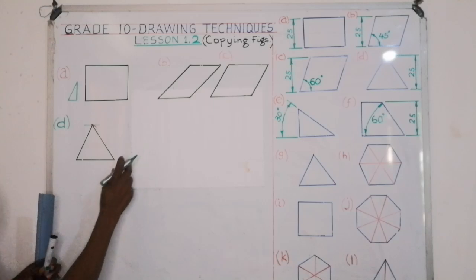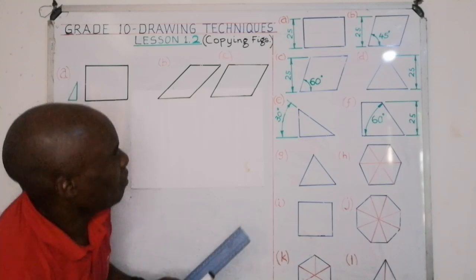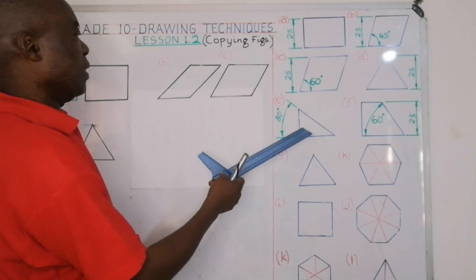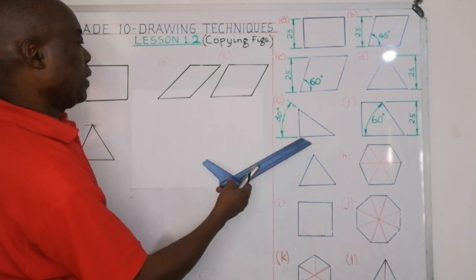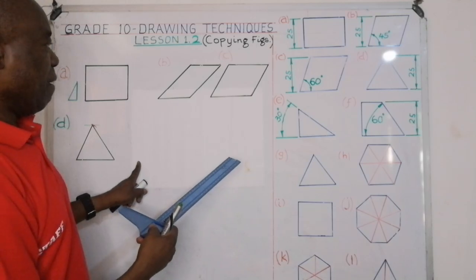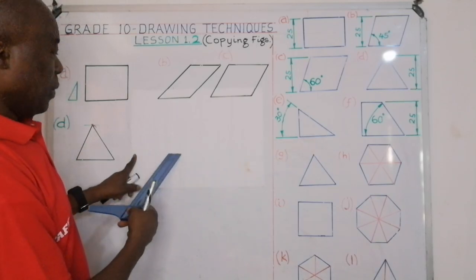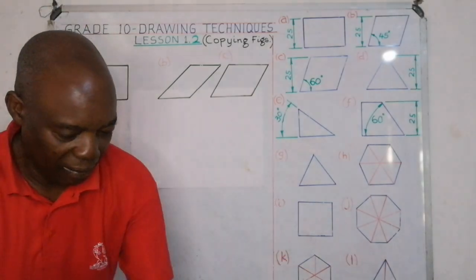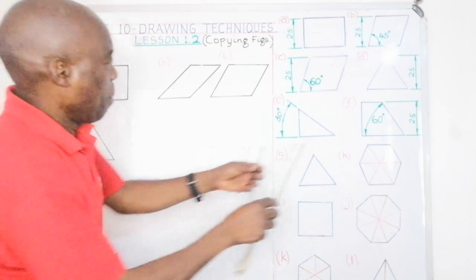And then coming to E is a right angle triangle, and this is the given base which is given on the answer space there. So I'm going to copy this onto the drawing space there. Let me use my curve dividers.